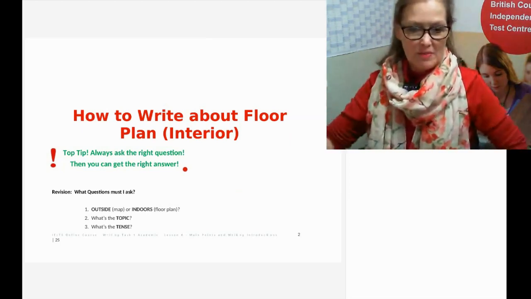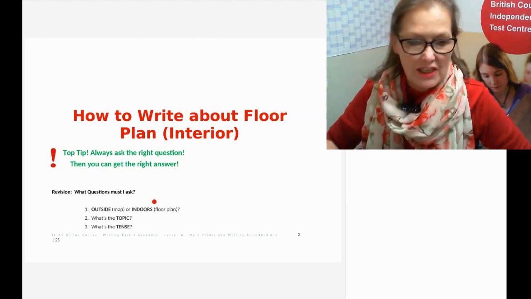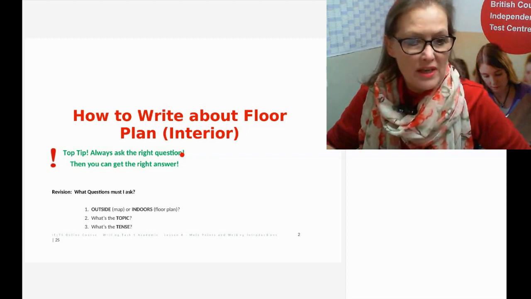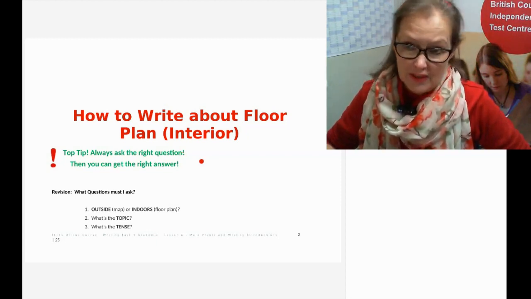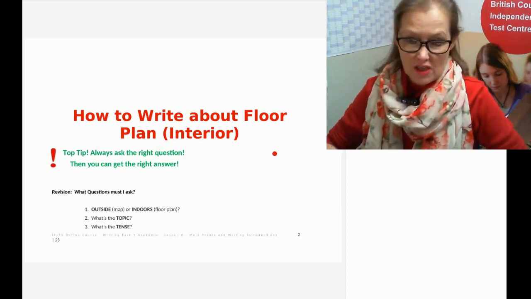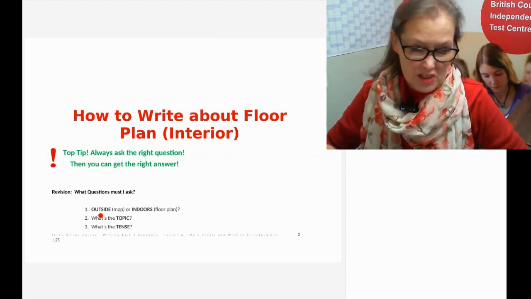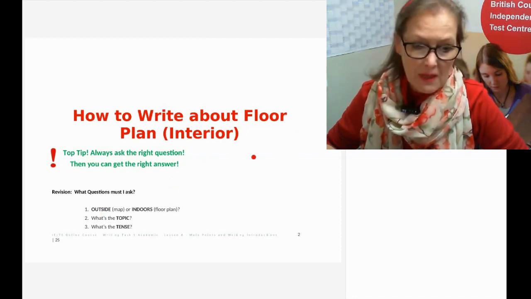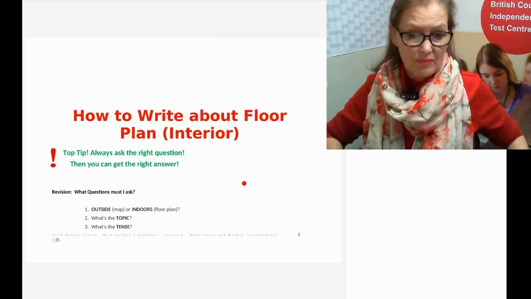So remember our tips. Tonight we're going to look at, remember, always ask the right question, and then you can get the right answer. So for our writing task 1, we're always going to ask ourselves these questions. And for maps particularly, is it outside or is it indoors?